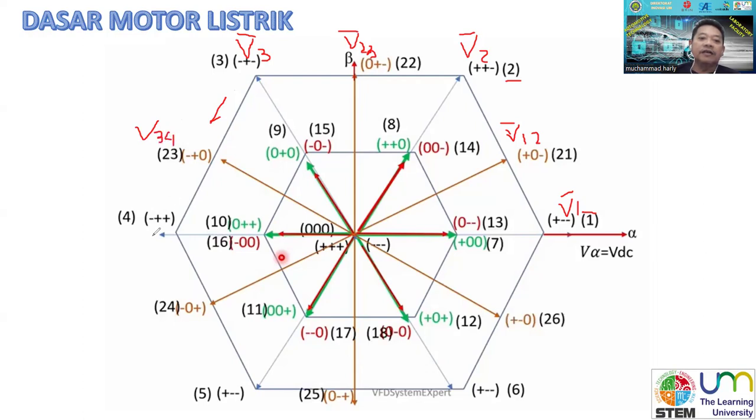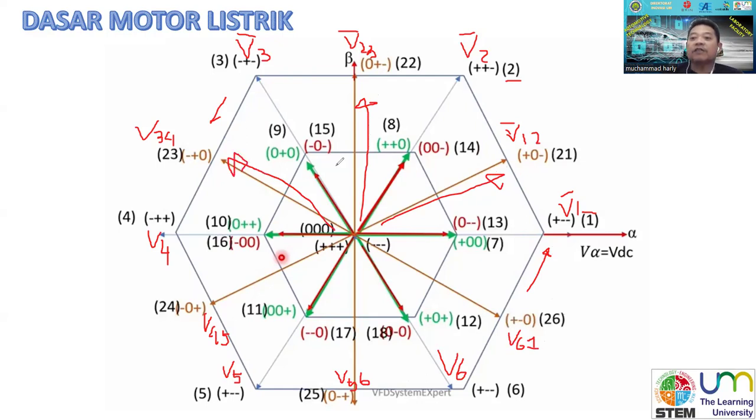This is V4 here, and then V5, and in between we have the vector of 4 and 5. Then V6 here, and in between we have the vector of 5 and 6, and finally we get back to the initial vector V1, so P between 6 and 1. For each position of the vector, we can calculate with the similar method that I explained before.